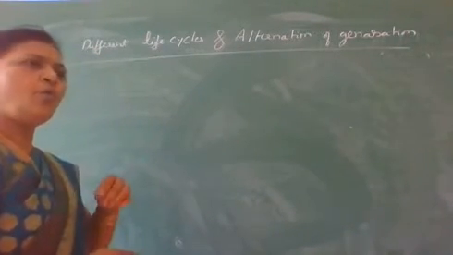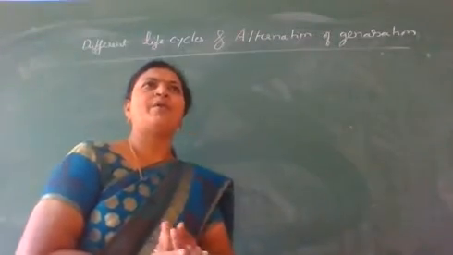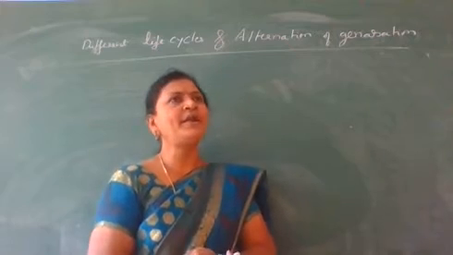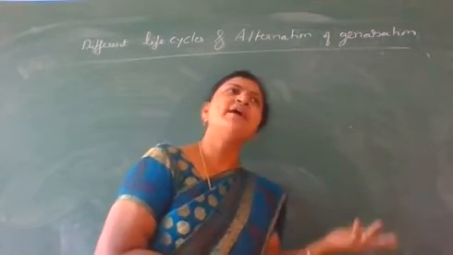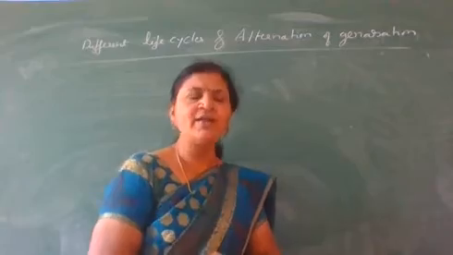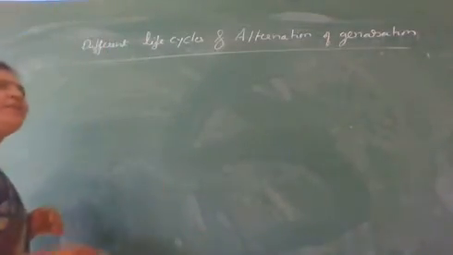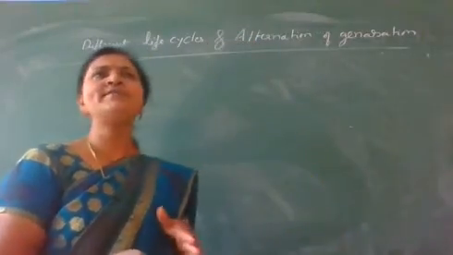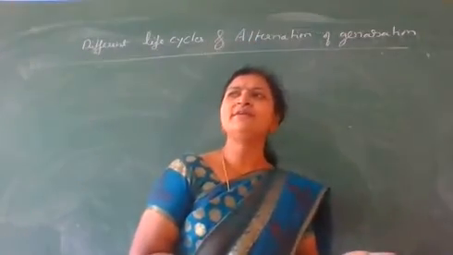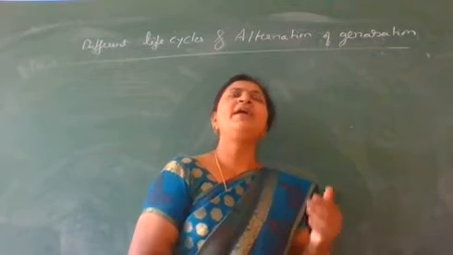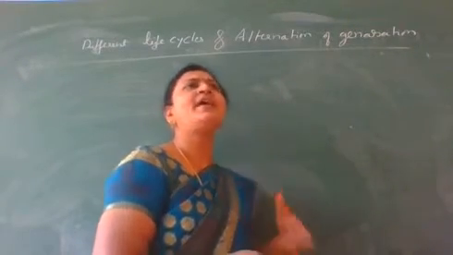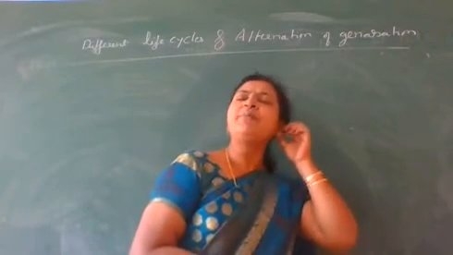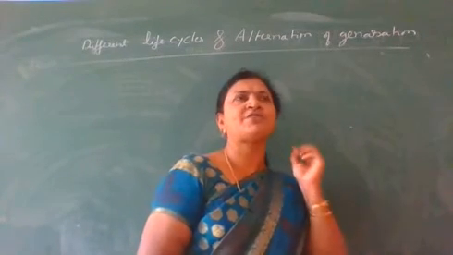Now, when a haploid cell undergoes mitosis to produce haploid cells only, that means it develops into a gametophyte. If the diploid cell undergoes mitosis, again it retains the same number of chromosomes and develops into a sporophyte.